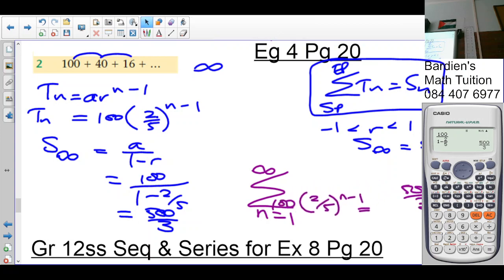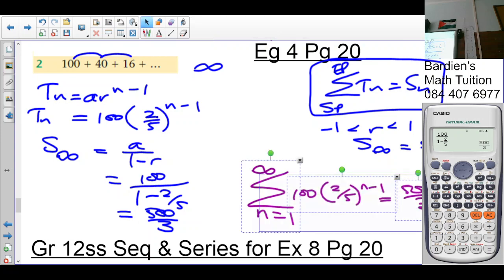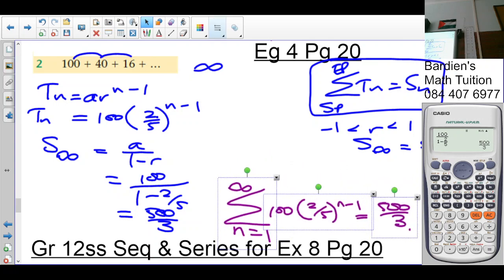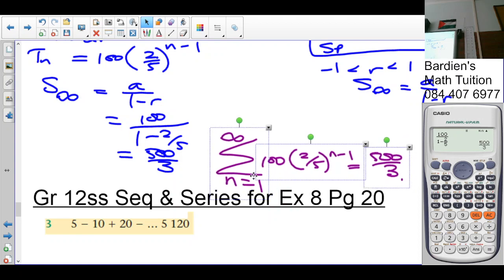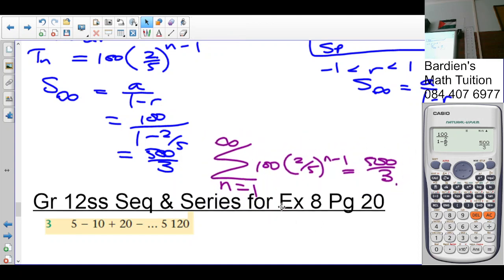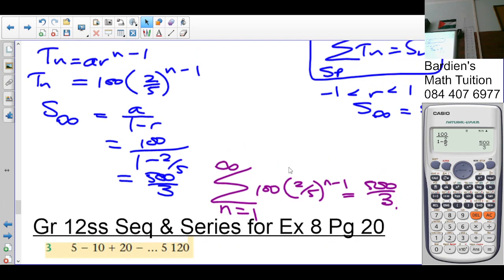Okay. That's the answer they're looking for by writing it in sigma notation. Okay.